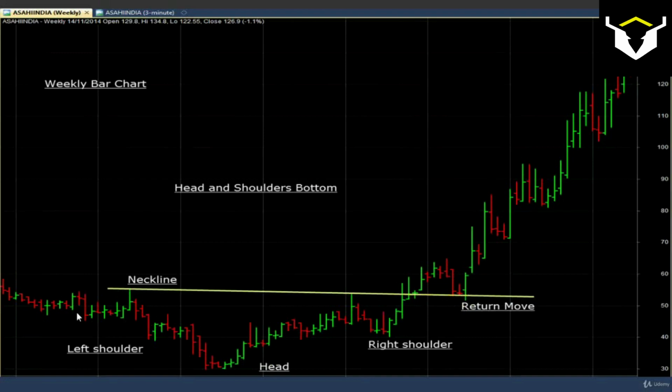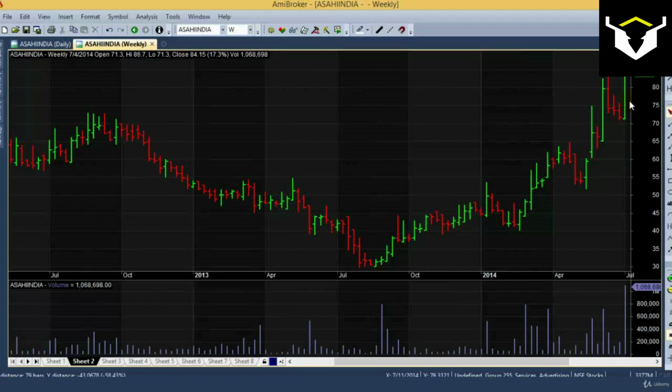You can clearly identify the left shoulder, a head, a right shoulder, prices breaking above the neckline, and then the return move which retraces back to the neckline only to find support. Once support is found at the neckline and the pattern of head and shoulders is complete, prices resume their upside move.